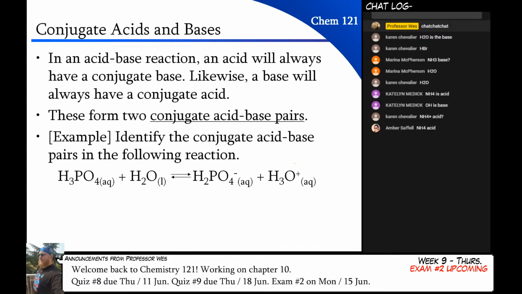So what I want you to do, starting with the reactants on the left, identify the acid and the base. Then go to the reverse reaction and use the products on the right to determine which one of them is an acid and a base. And then finally, link the conjugates together. Type it in the chat when you got it. We'll go over the answer in just a second.